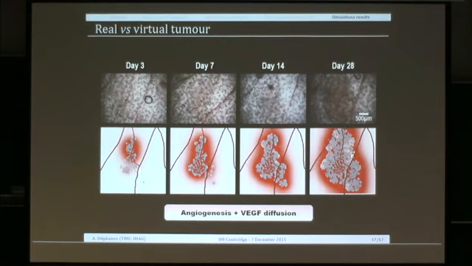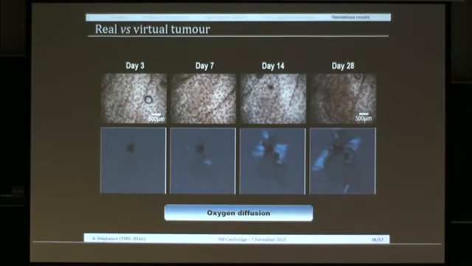And here we see the patches of proliferating cells where the angiogenesis is the highest. So we can switch to the channel for oxygen diffusion, and we see the dark patches are hypoxic tissue, and here the bright blue are the regions where the oxygen was delivered to the tumor.